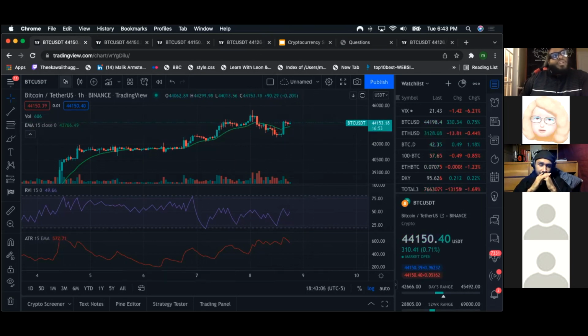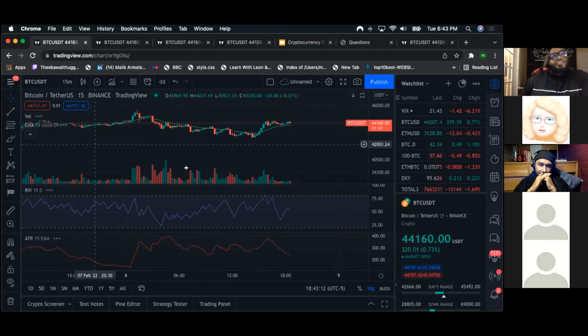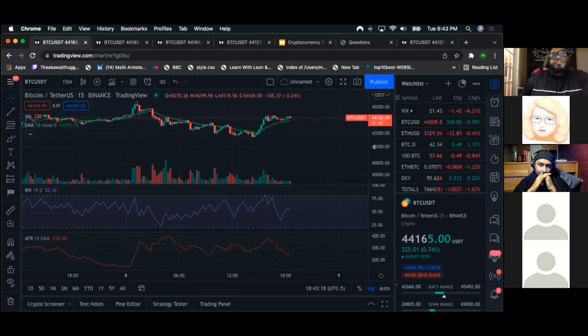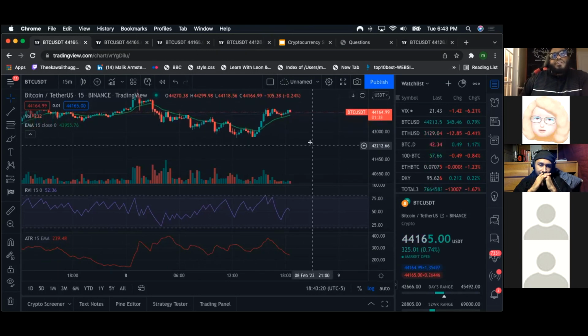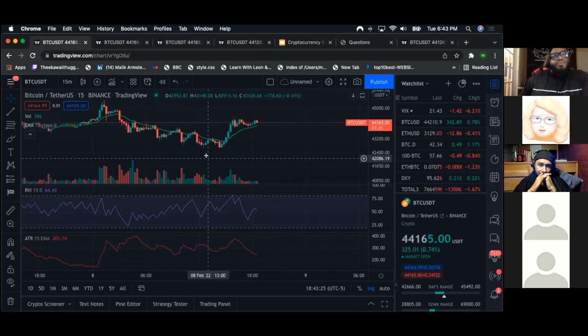All right, so that's the 1 hour candle. Let's go down to the 15-minute candle. This is the 15-minute time frame, so each of these represents 15 minutes. I'm going to stretch it out so we can see how Bitcoin is moving.